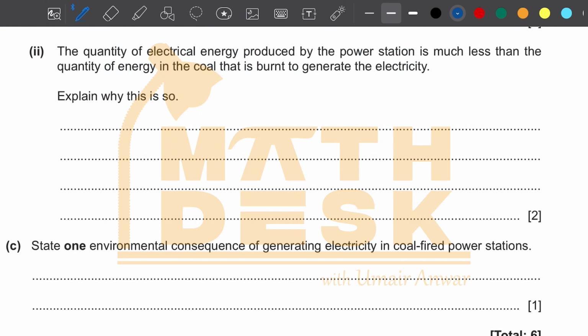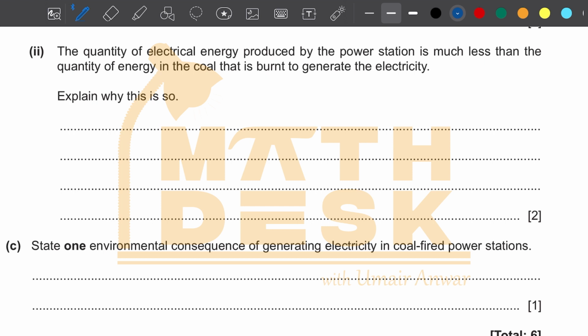The next part says the quantity of electrical energy produced by the power station is much less than the quantity of energy in the coal that is burned to generate the electricity. Explain why this is so.